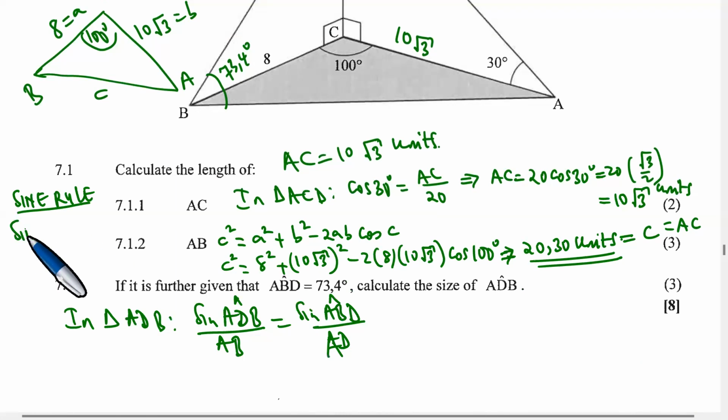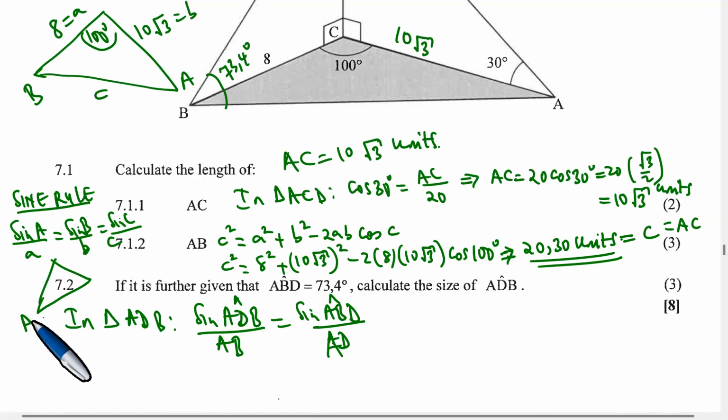The sine rule says sine A over a is equal to sine B over b is equal to sine C over c, where you have the triangle with A, B, C. Small b is opposite angle B, small a is opposite angle A, and small c is opposite angle C.